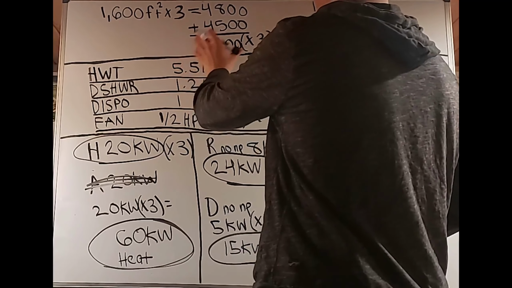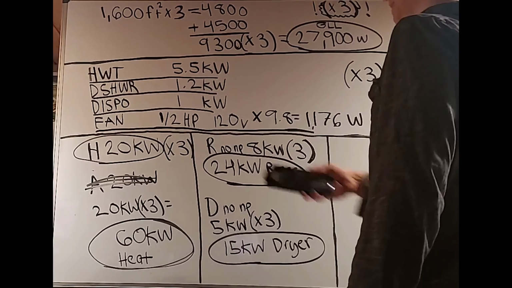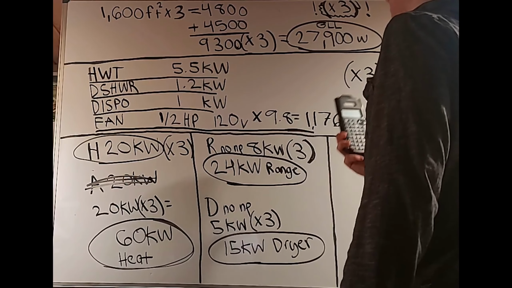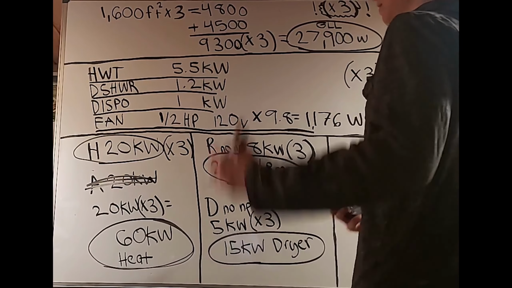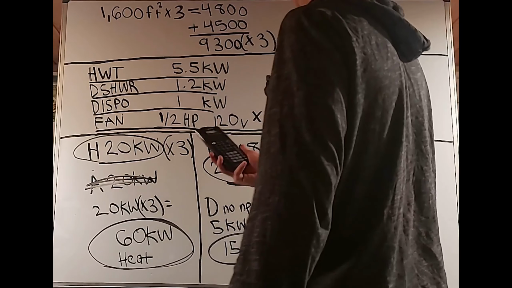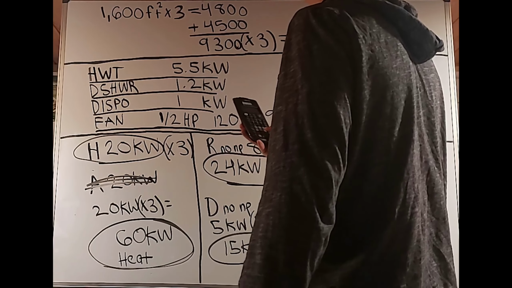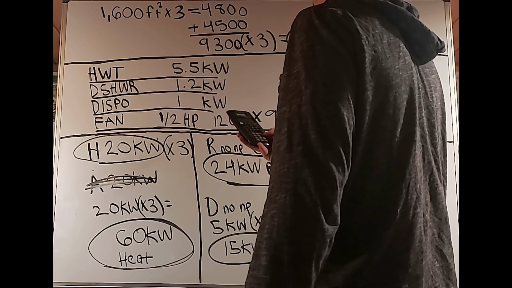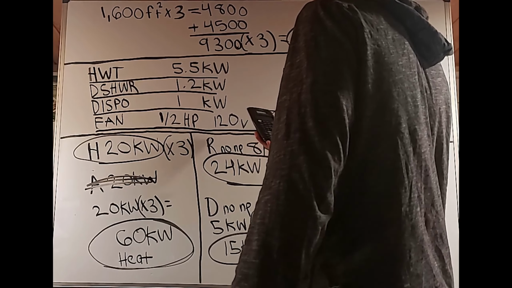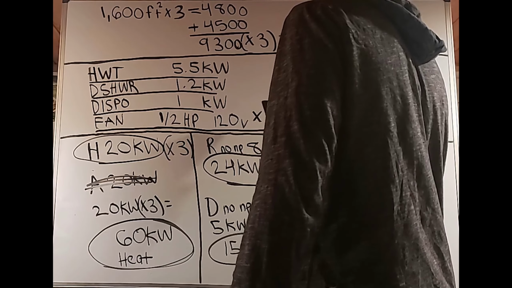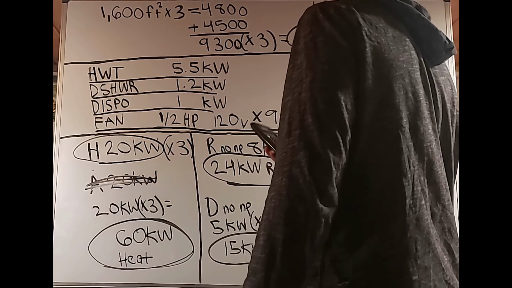So now we're going to start from the top down so I don't mess anything up, and I'm also going to convert everything into watts because this last number here has 1,176, so it might be a little weird to turn that into kilowatts. So I'm going to have 5,500 watts here for my hot water tank, and then I'm going to add 1,200 watts for the dishwasher, 1,000 watts for the dispo, and then 1,176 watts for that fan.